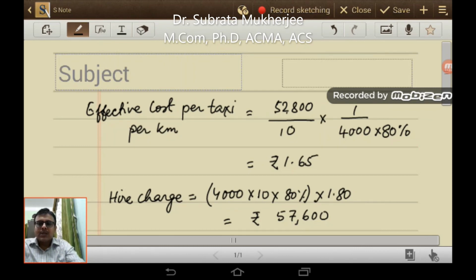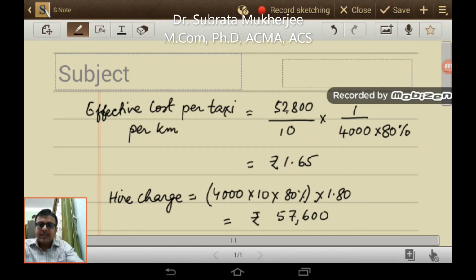Now what is the total hire charge collected by Mr. Khan? So 4,000 into 10 is 40,000 kilometer run by all the 10 taxis, into 80%. Why 80%? Because you have to recover the charges from the 80% when the taxi is having a passenger. So I have multiplied it by 80%. This is the occupancy rate.